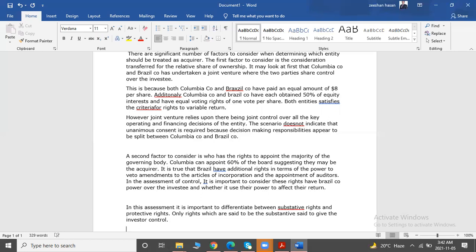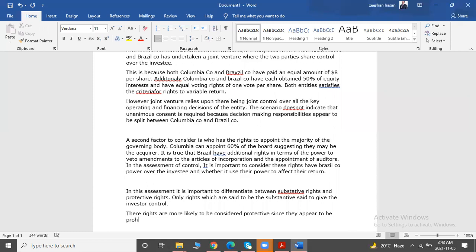So these rights are more likely to be considered protective. They appear to prohibit changes in the activities of the investee which Brazil Company does not agree with, rather than give Brazil Company power.